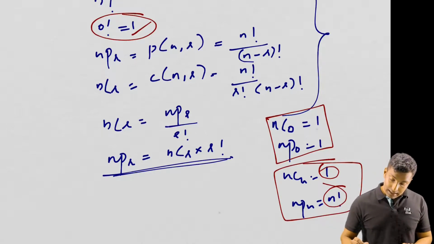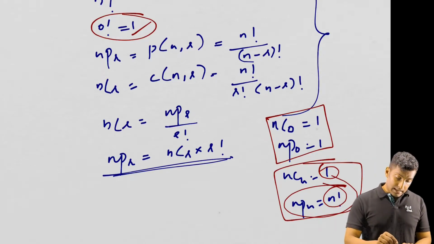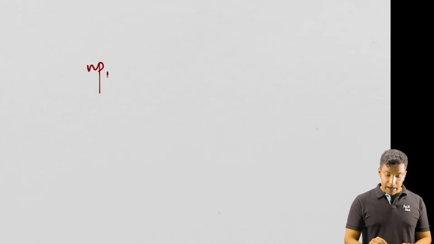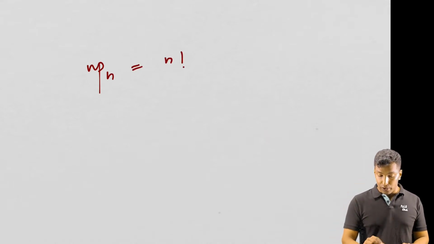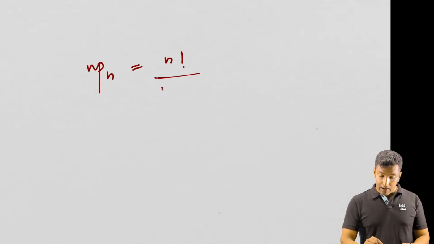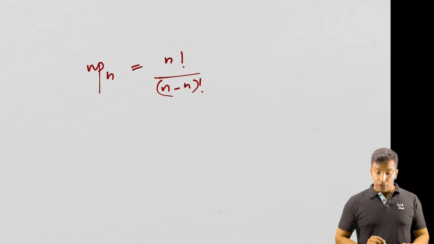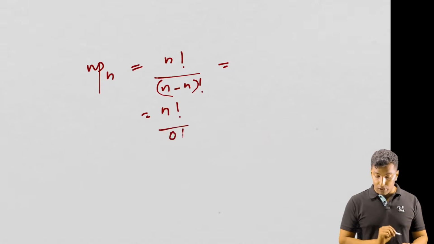So what was that result? It is basically this: nPn is equal to n factorial. So let me ask you, what is nPn otherwise? The formula gives n factorial divided by (n minus n) factorial. So n minus n means 0, and here comes 0 factorial. So you will get n factorial divided by 0 factorial.